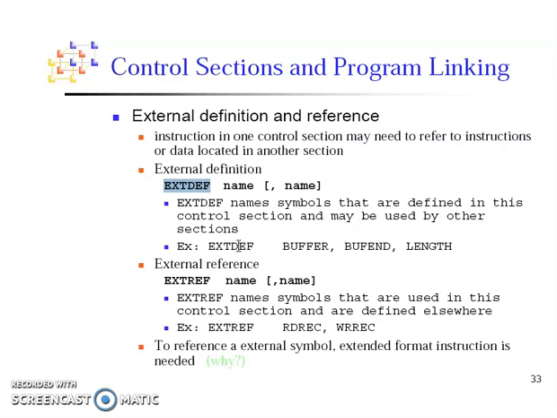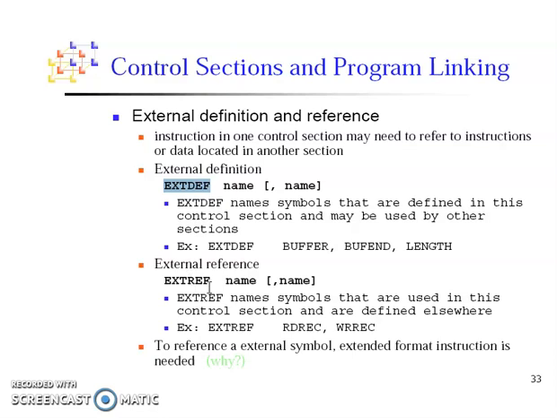External definition and external reference indicate labels that are defined in one control section, but have to be referred to in instructions or data located in another section. In order to identify between the two, we make use of EXTDEF and EXTREF.